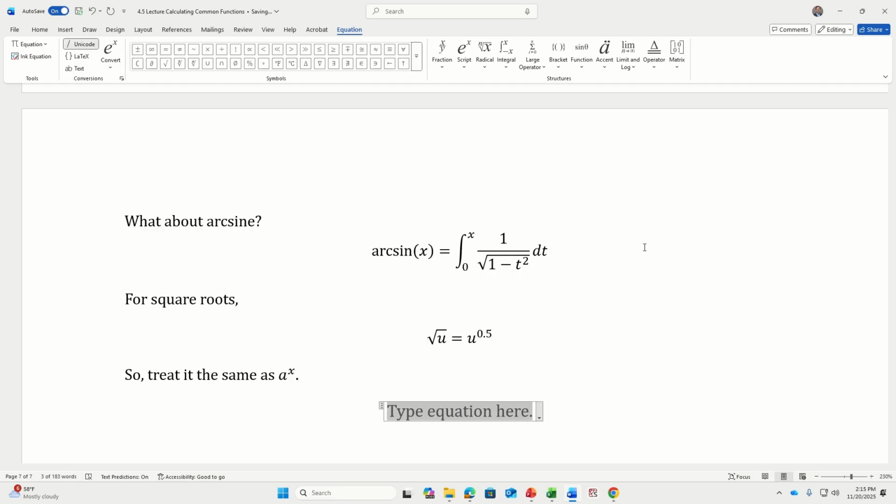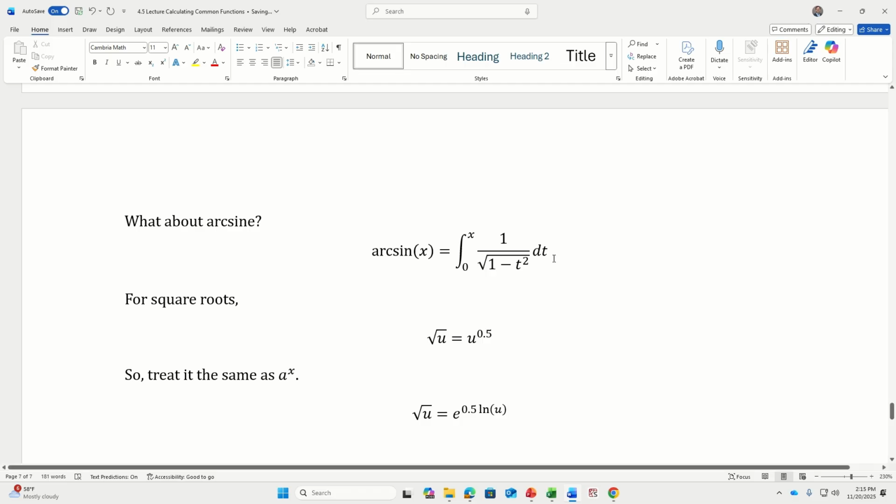You're going to say the square root of u is equal to e raised to the power 0.5 times the natural log of u. Now you know how to take the natural log. You know how to multiply that by 1/2. You know how to plug that into the Maclaurin series for e to the x.